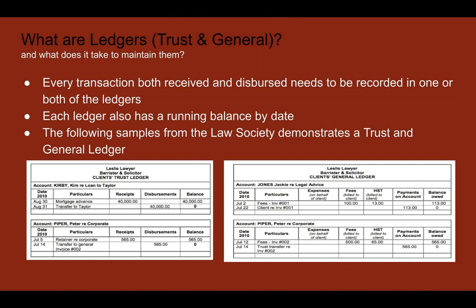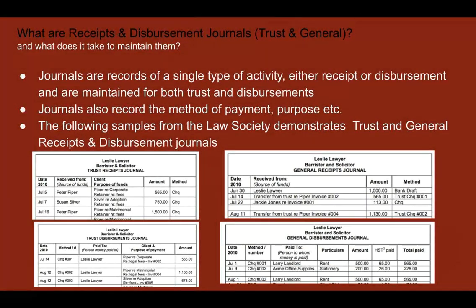And that is called payments on general account or client payment into the general account. And as you progress with that file, there's always a running balance, money coming in, money going out, what the current balance is, and all these things are recorded in the ledger, whether it's trust or general respectively.